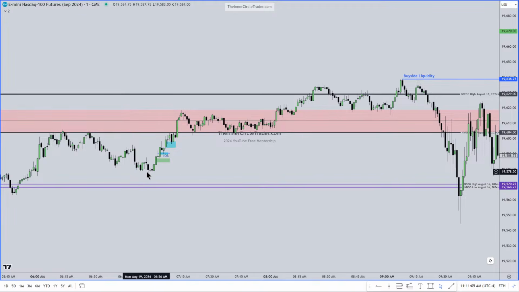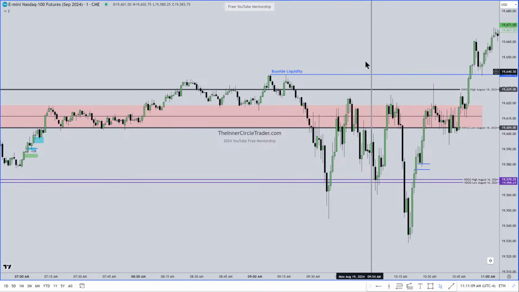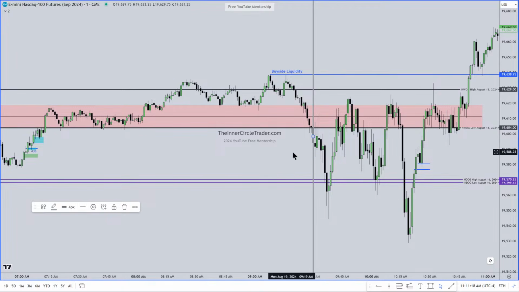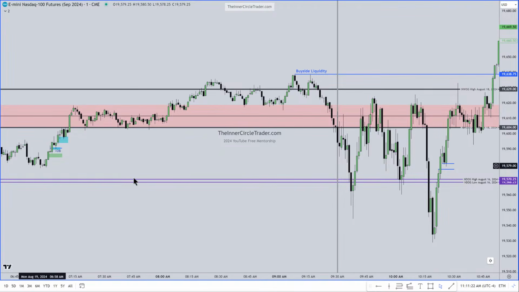Here. After 9:30. That's here. Right there. So did it go for that liquidity or the sell side over here? Which side did it go for? It went for the sell side first.